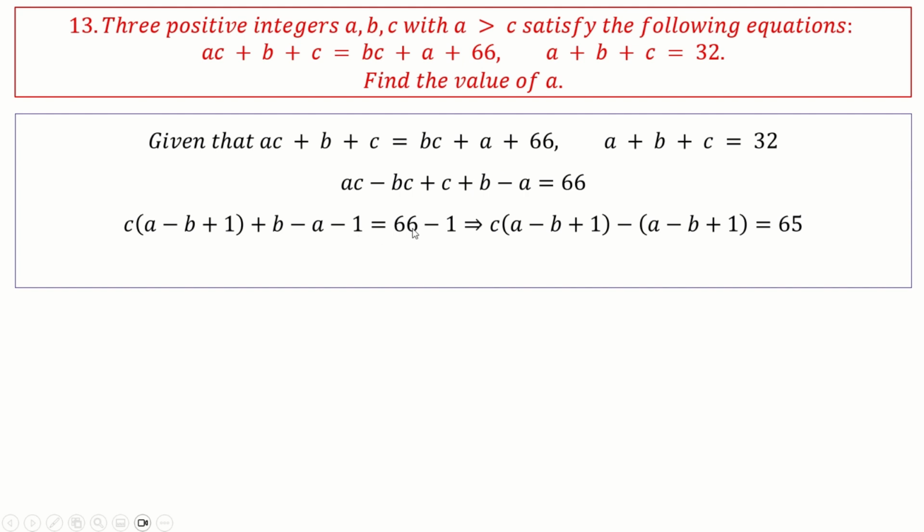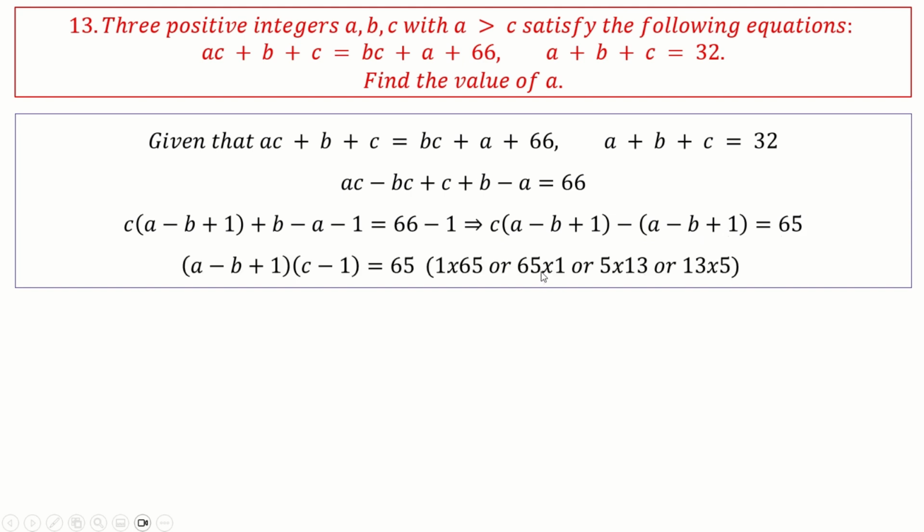So now this is equal to 66 minus 1, because I added minus 1 on the LHS, so I am adding minus 1 on the RHS. If I write everything in terms of A minus B plus 1 as common, then C into A minus B plus 1 minus A minus B plus 1 equals 65. Now we take A minus B plus 1 as common, so A minus B plus 1 into C minus 1 equals 65.